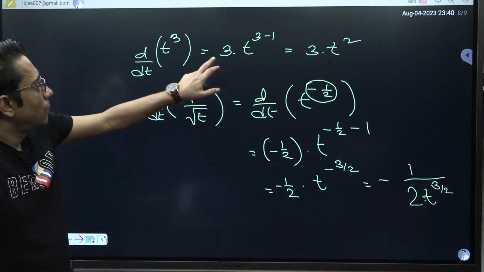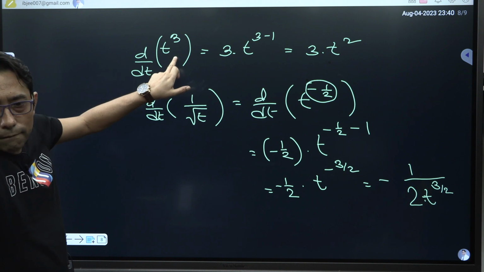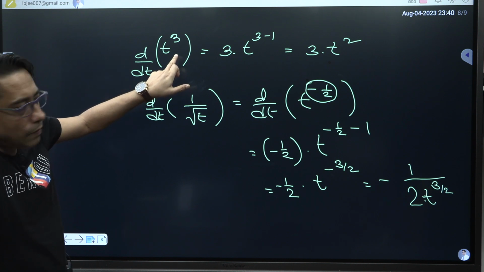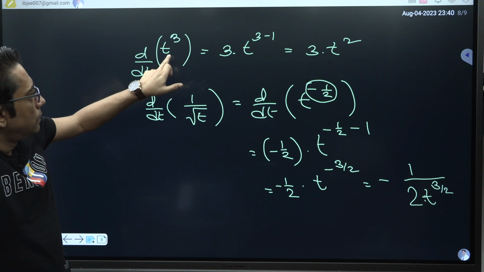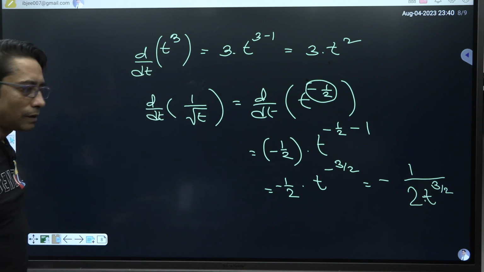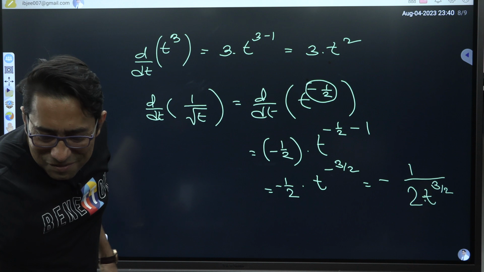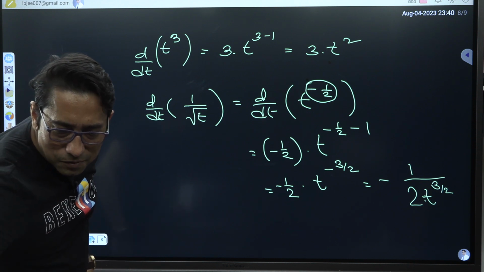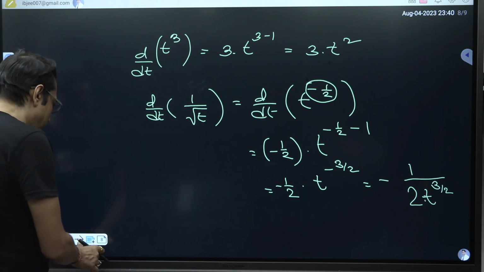Which one? From this, d by dt of 1 by root t. Okay, this one. No problem, a problem isn't a problem. I'm telling you once.